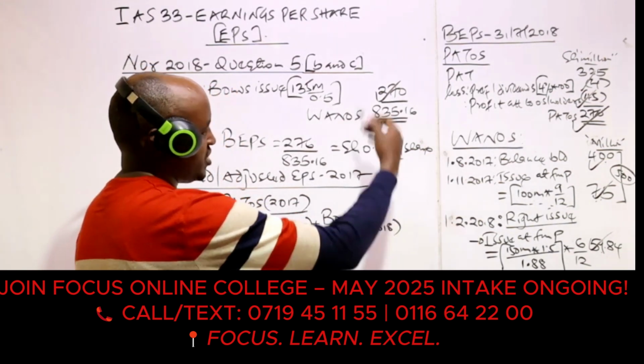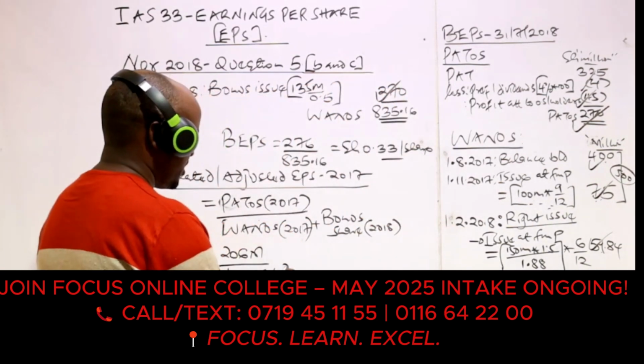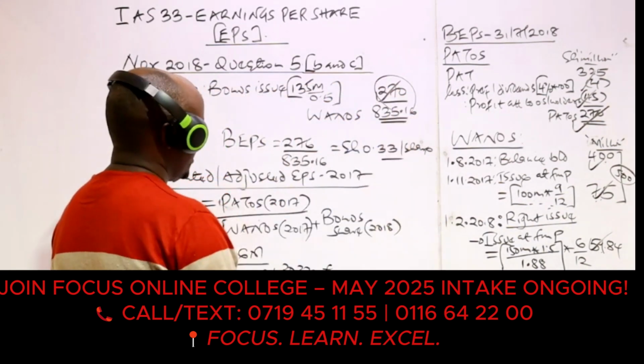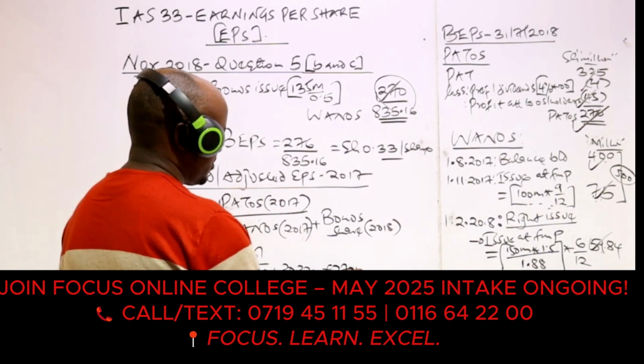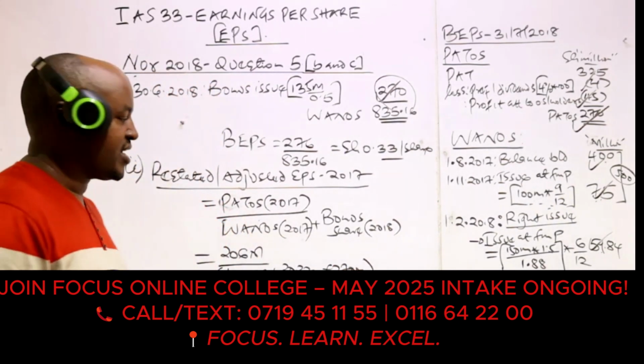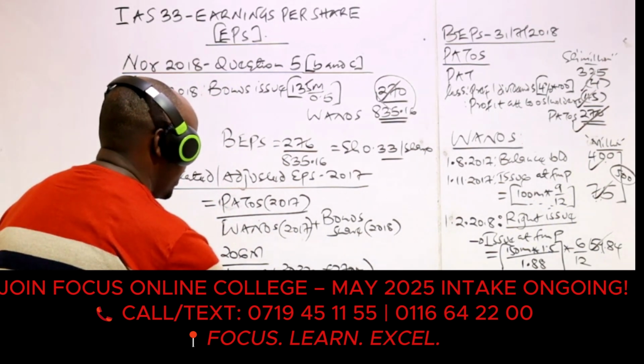So where do we get that? From our computation here. In our computation, first of all, we have this bonus element, which is 30.32 million. And also we have this bonus issue of 270 million. So this is how we compute the restated or the adjusted earnings per share for 2017.